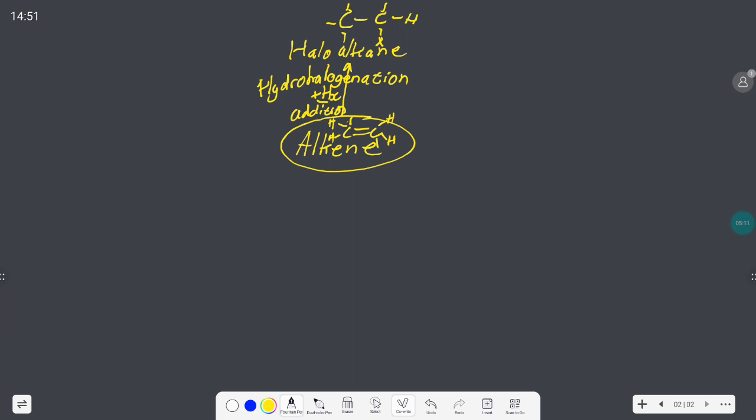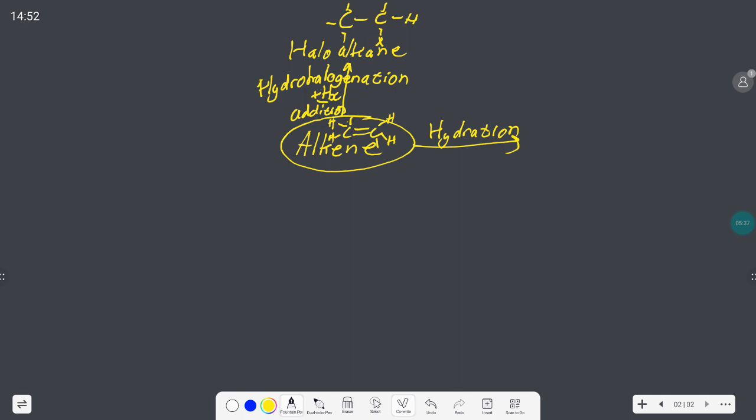Now, from the alkene, there's another addition reaction that can take place. We'll get to working them backwards soon. And this is known as hydration. So if I say hydration, if you want to be hydrated, what do you drink?